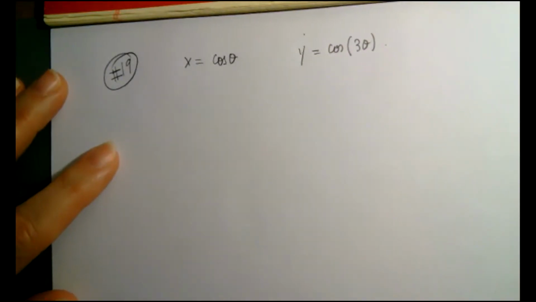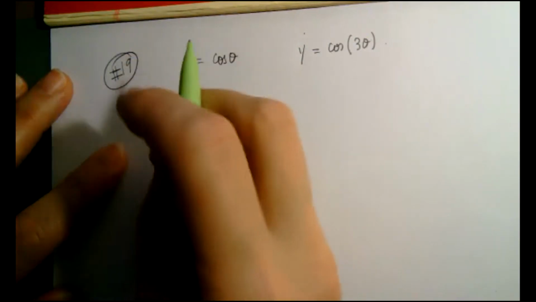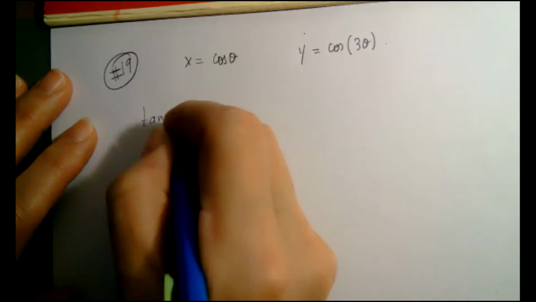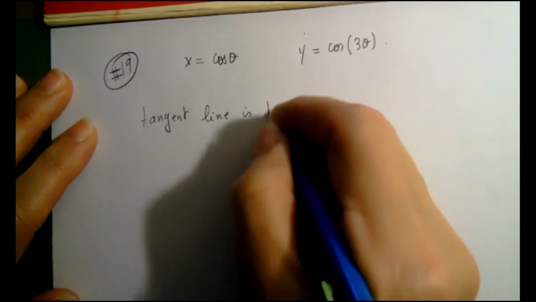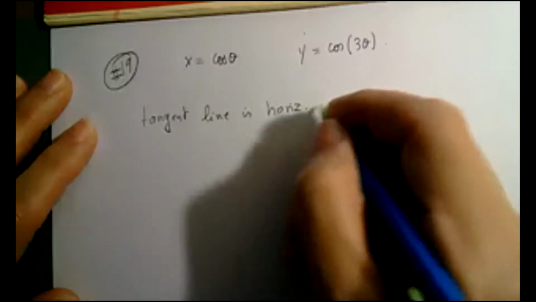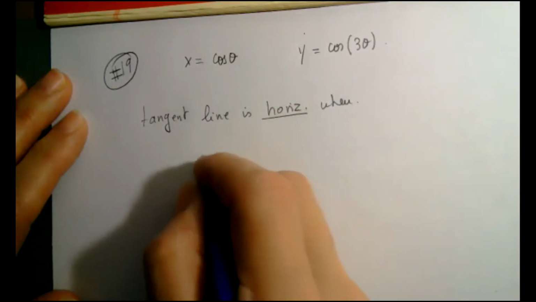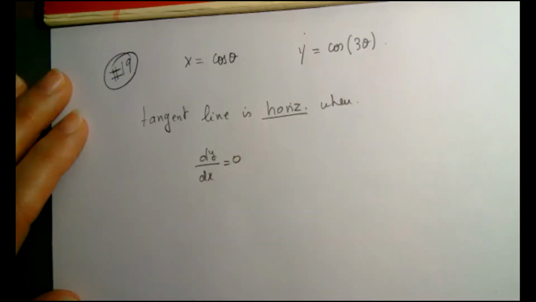Where is the tangent line horizontal? The tangent line is horizontal basically when dy/dx equals 0. That's the derivative equal to 0.